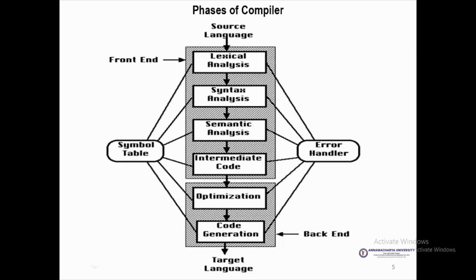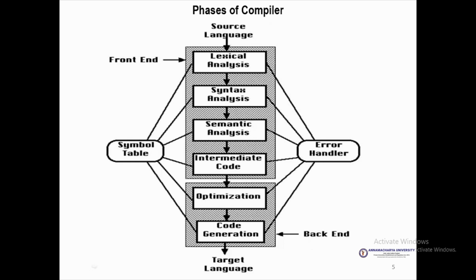So this is the diagram of the phases of a compiler. In this diagram, a source program or source language is received by the first phase, lexical analysis, then the syntax analysis phase, semantic analysis phase, then intermediate code, optimization and code generation, which finally generates the target program.